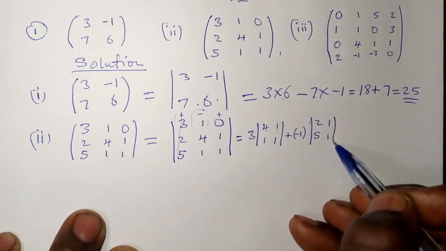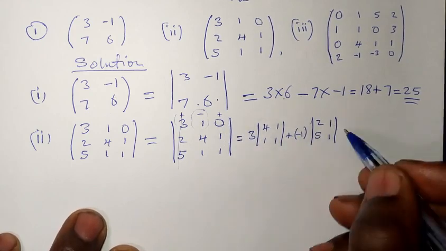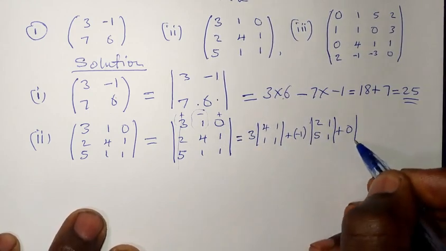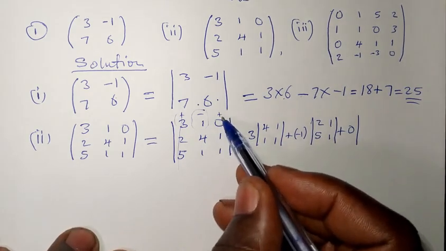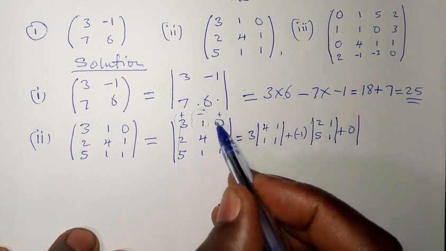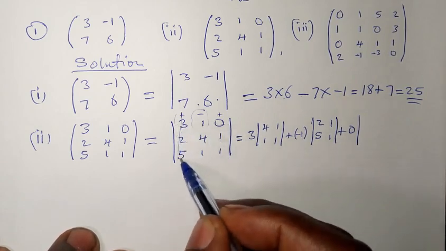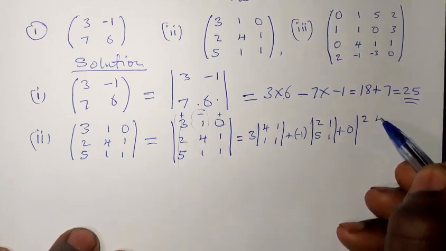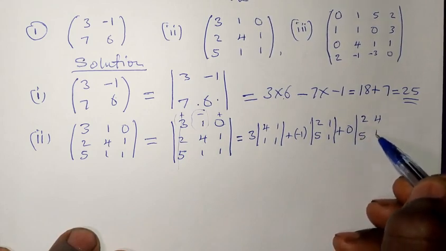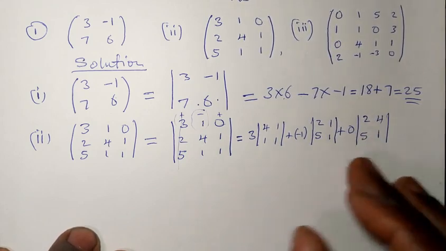Are you following? So then finally, plus 0, open bracket. When you take 0 here, you kick out its column and its row. You are left with 2, 4, 5, 1.